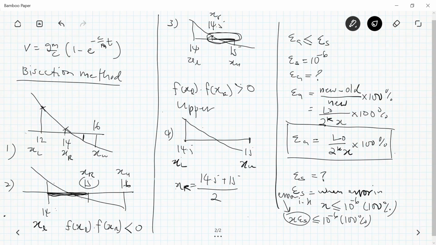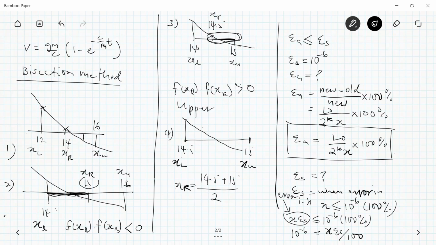So when we reorganize this, what we can say is that 10 to the minus 6 can be written as x epsilon S divided by 100. Okay, divided by 100. Now let's go to the next page.